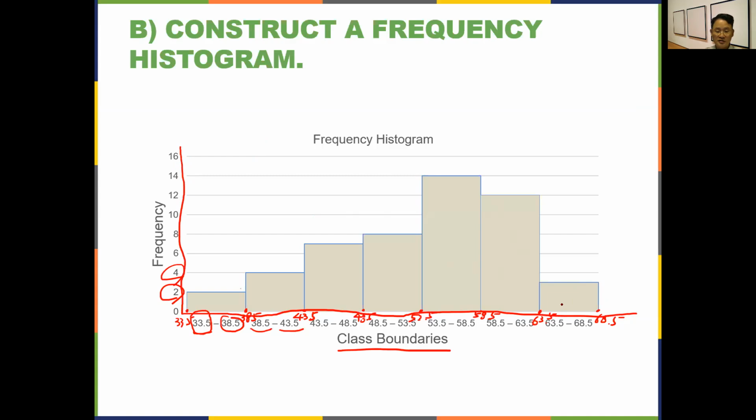Let's pretend that this is a straight line, and we have this bar shaped like this, right? And this is what we call a frequency histogram, right?